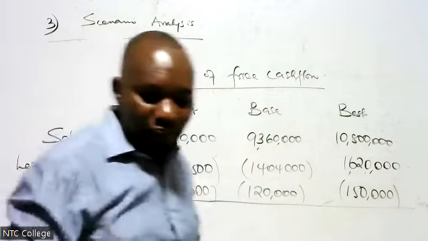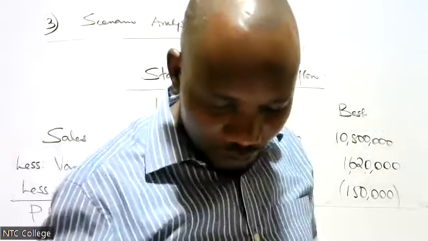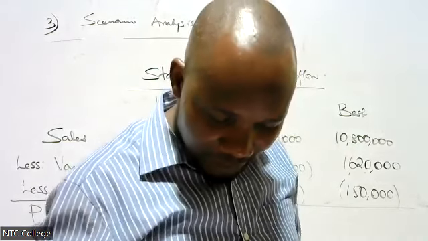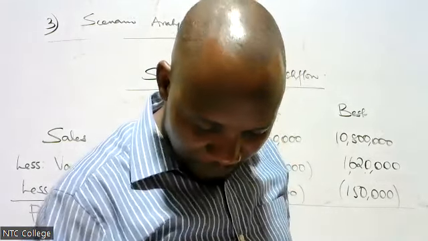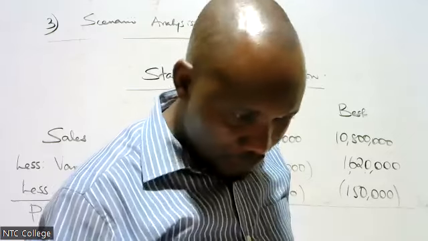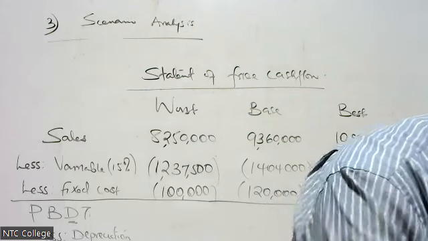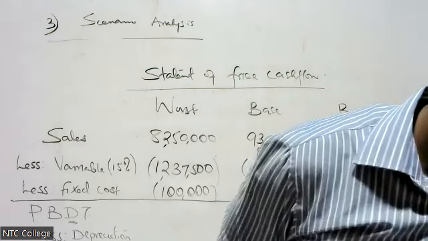We say it is a straight line. There is no salvage value. Straight line, there is no salvage value. And the item is just 4 million. Get me depreciation and profit before depreciation and tax.